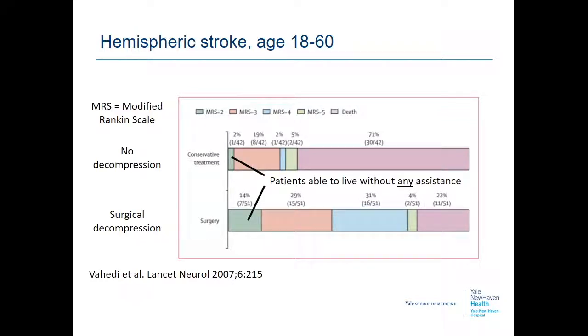The green bars represent those with a modified Rankin scale of 2, and those are the patients who are able to live without any assistance following their ICU stay. So these numbers can give at least a ballpark of what we might be able to expect for those who are relatively younger, who either go for craniectomy or don't, but who survive after large MCA stroke.